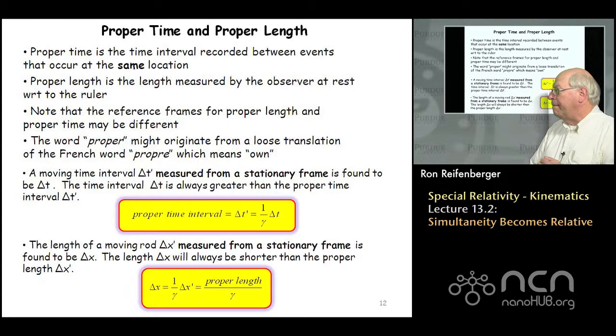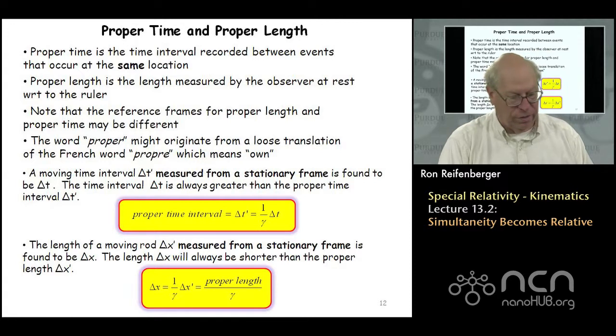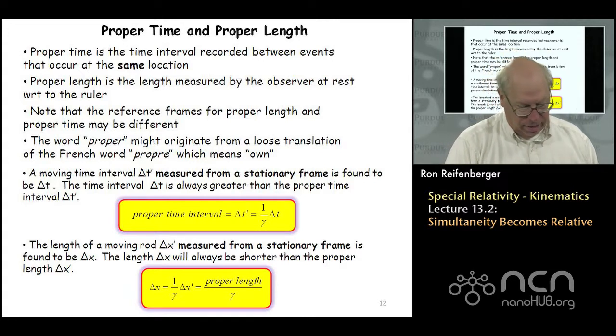So the bottom line from this lecture and the previous lecture is the time dilation and the length contraction formulas. You're going to have to know how to use those if you're going to demonstrate understanding of this particular topic.